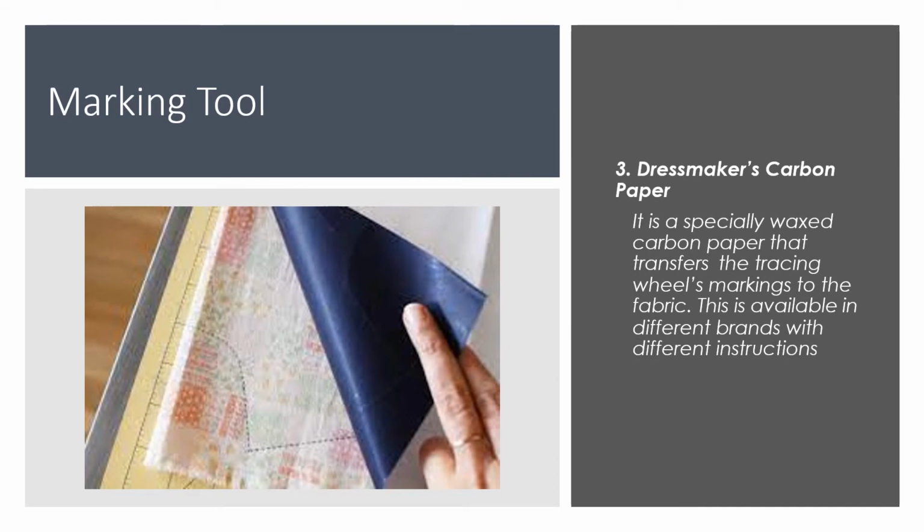Another marking tool is the dressmaker's carbon paper. It is specially waxed carbon paper that transfers the tracing wheel markings to the fabric. This is available in different brands with different instructions.